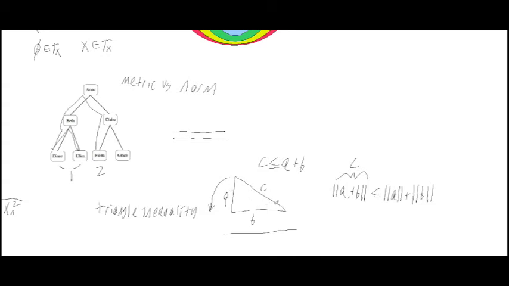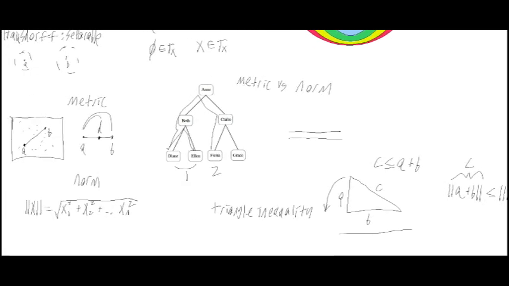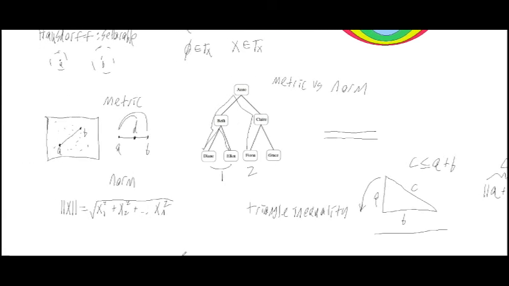This side is less than, or at the very most equal to, the other two sides of the triangle, and that is how we can use the Pythagorean theorem to impose this idea onto our space.